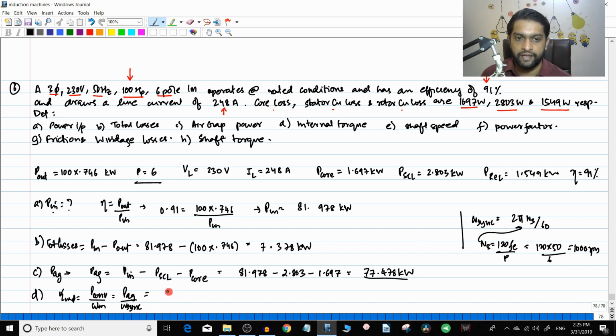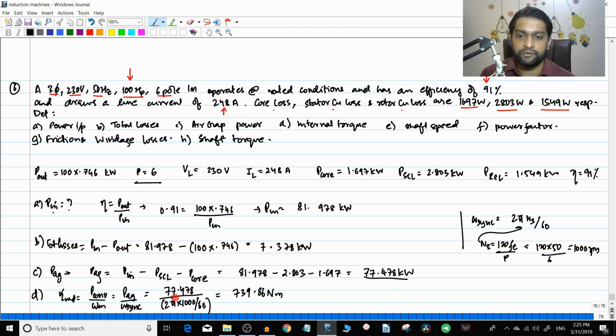So you will get 77.478 divided by 2 pi into 1000 divided by 60. So this value you will get to be equal to 739.86 Newton meter. Make sure that you get all these values proper.